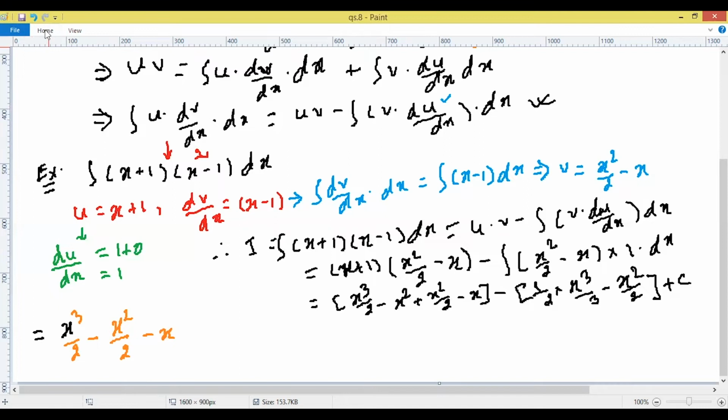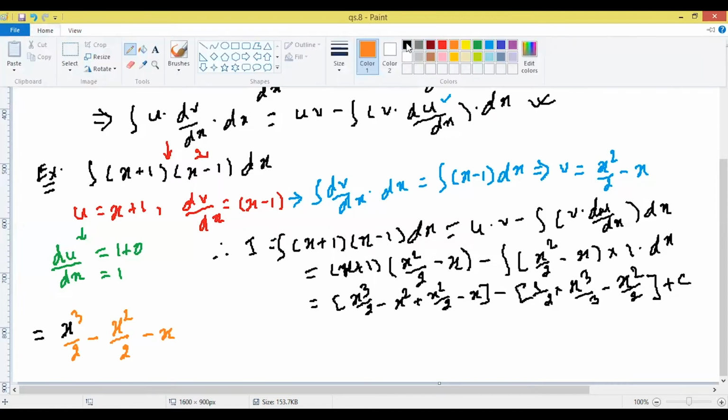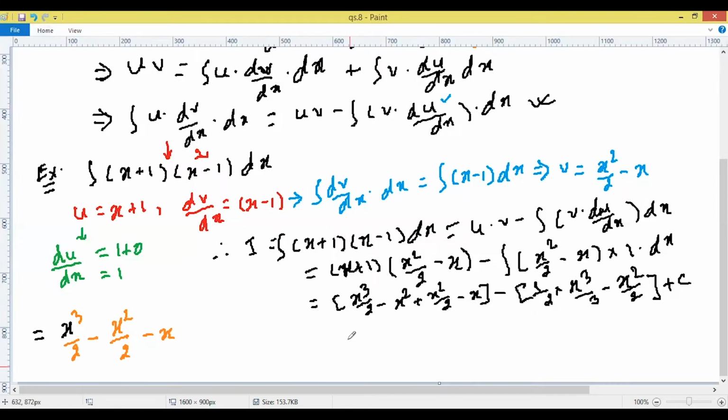Now in the other term we see that it is inside the bracket, and just in front of that is a negative sign, so it is minus x cubed by 3 times 2 is 6, so this is x cubed by 6, and minus times minus is plus, it is x squared by 2, and then this is plus c.